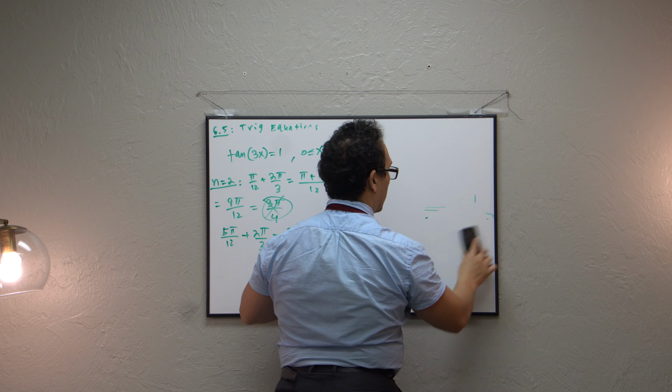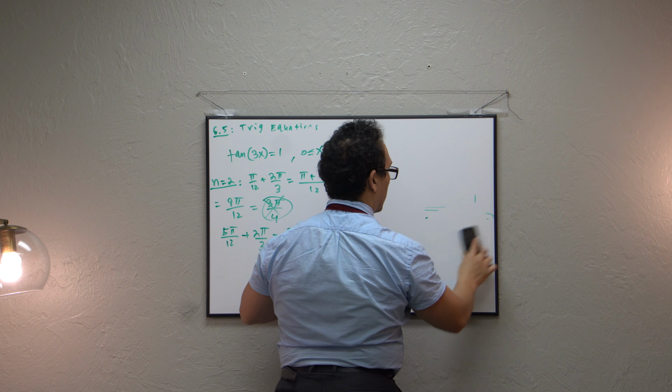Now, n equals 3. We would have pi over 12 plus 3 pi over 3. Remember, because it was pi over 12 plus n pi over 3, and now our n is 3, so the 3 pi over 3, that's where we get that.